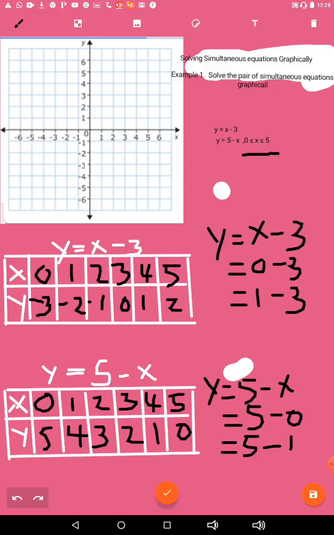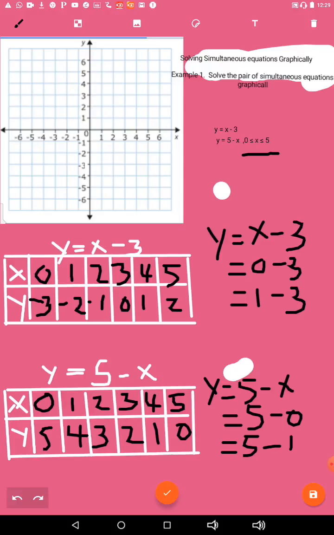Now the first table is saying that when x is 0, y is negative 3. Remember that our y-axis is the vertical axis and x-axis is the horizontal axis. So when we look at x, it helps us to determine whether we're going right or left. When we look at y, it helps us to determine whether we're going up or down.